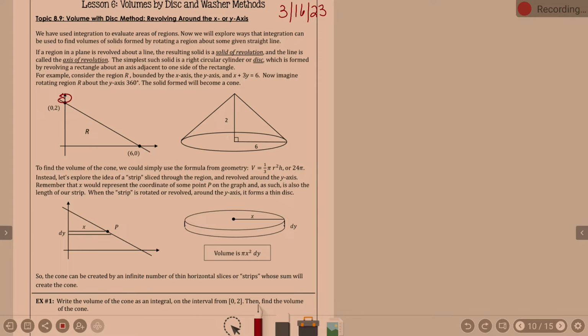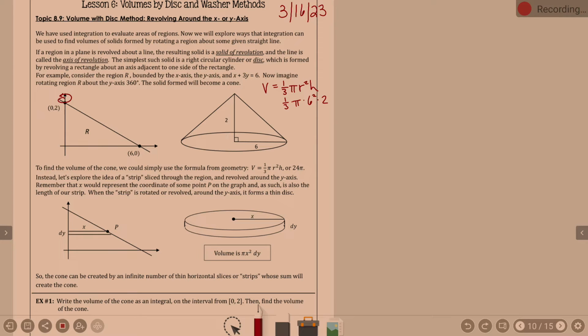Now, to find the volume of the cone, we could simply use the formula 1/3 pi r squared h. That is the volume of a cone if you go back to whatever grade you want to talk there. So if we do 1/3 pi r squared h, let's do the math real quick. 1/3 times pi, r squared is 6 squared times a height of 2.